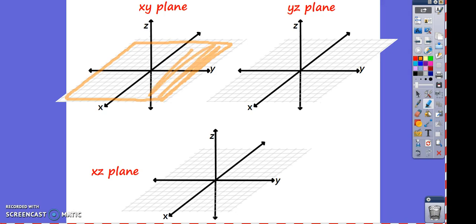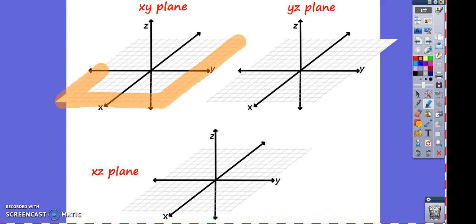So if we shaded in the floor, that is the xy plane. When you think about the yz plane, well, that's where the y-axis and the z-axis form together. So that's really like the front wall of our classroom.